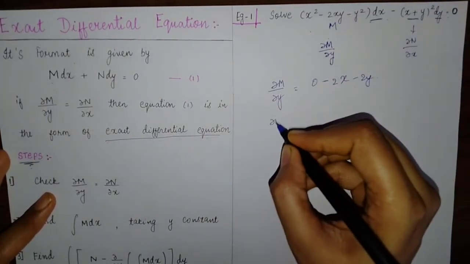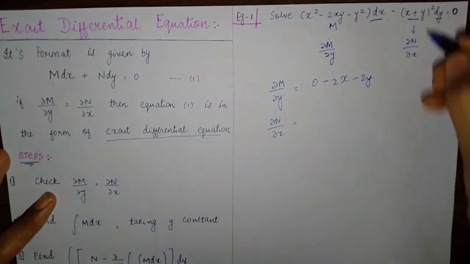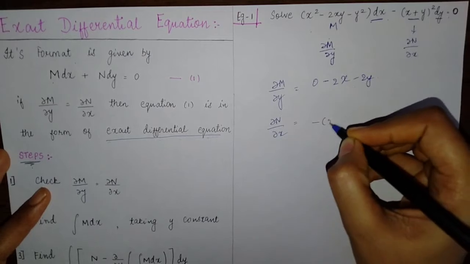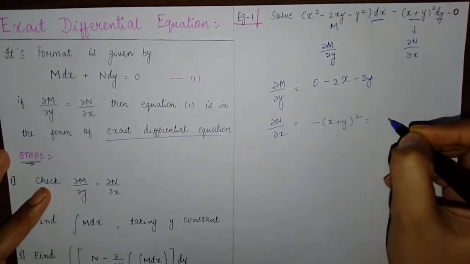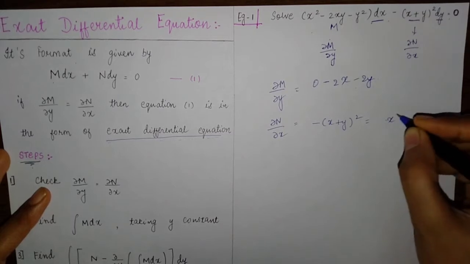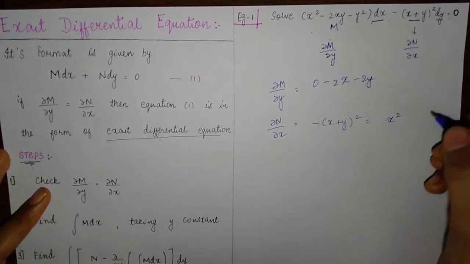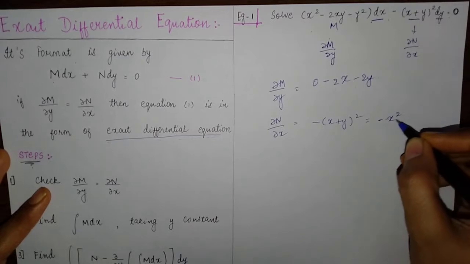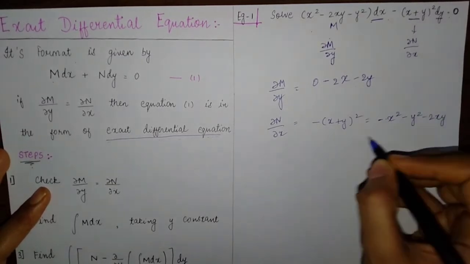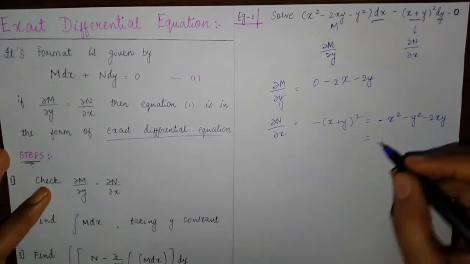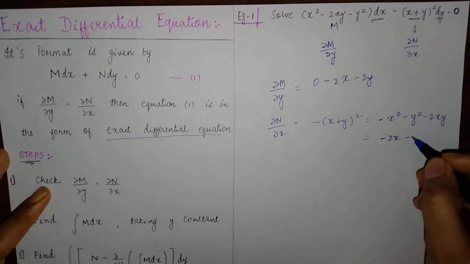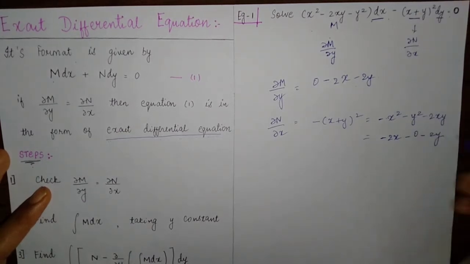Now we will find del N by del x. If I write this term like this, after opening the (a plus b) whole square, that is a square plus 2ab plus b square, but we have a minus sign outside, so it will be like this. Now if I differentiate it partially with respect to x, then I will get minus 2x, minus again 0 here, and minus 2y.